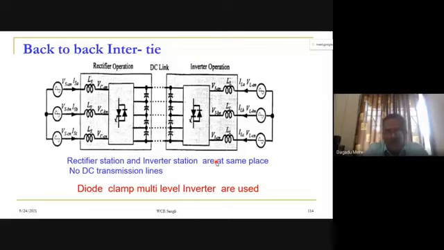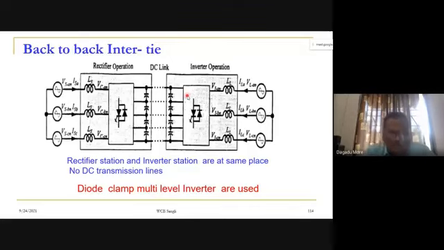But now we are using these 12-pulse thyristorized converters working as a rectifier and inverter. Instead of that, we can use the PWM rectifier. Here we can use IGBT or GTO. For high power applications, we have shown a GTO here. You can show it here as an IGBT. A multi-level PWM rectifier and multi-level PWM inverter.